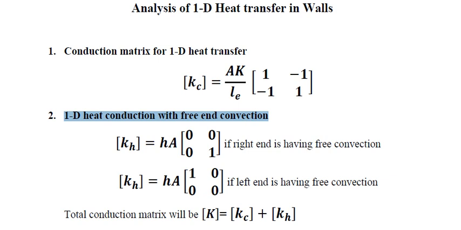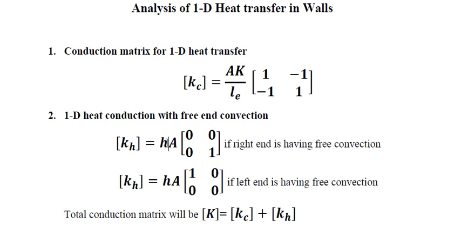If end convection is there, we write K suffix H end. Even if we don't write it, we have to mention it as end convection in words. Now that is given as H into A.